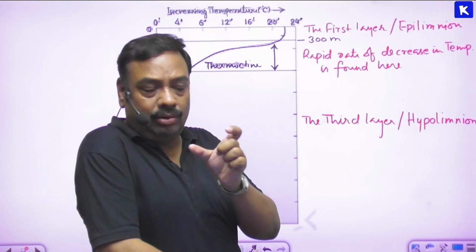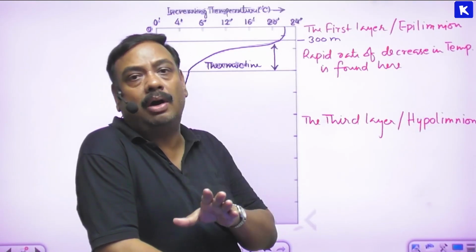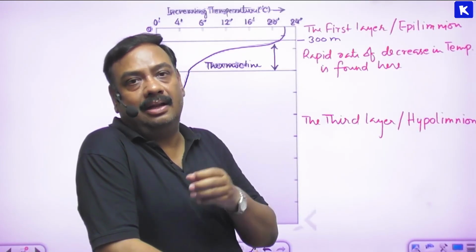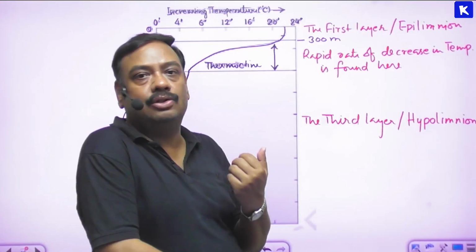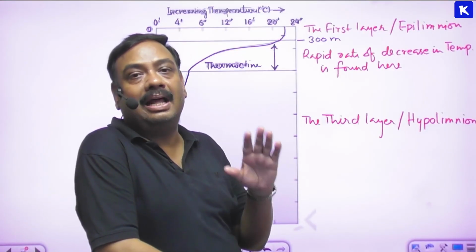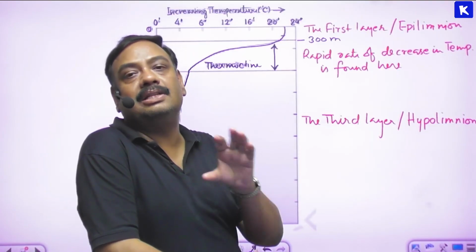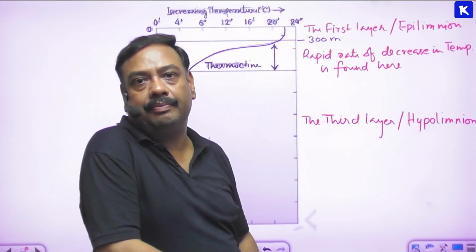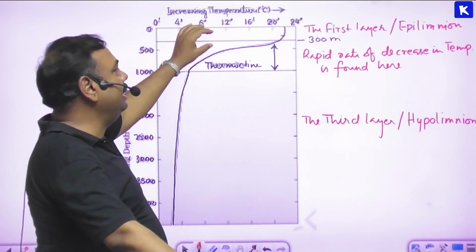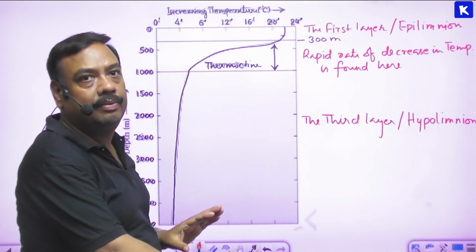Thermocline, how is this term formed? This term is formed by using two words. Thermo, that means temperature, and cline is taken from decline. So the layer in the ocean water where there is a rapid decline in the temperature, that layer has been called the thermocline layer. Got it? So here we have the first layer epilimnion, the second layer thermocline, and the third layer hypolimnion.